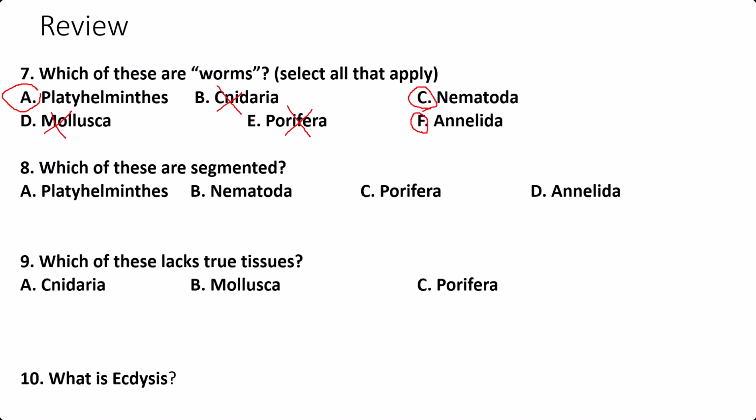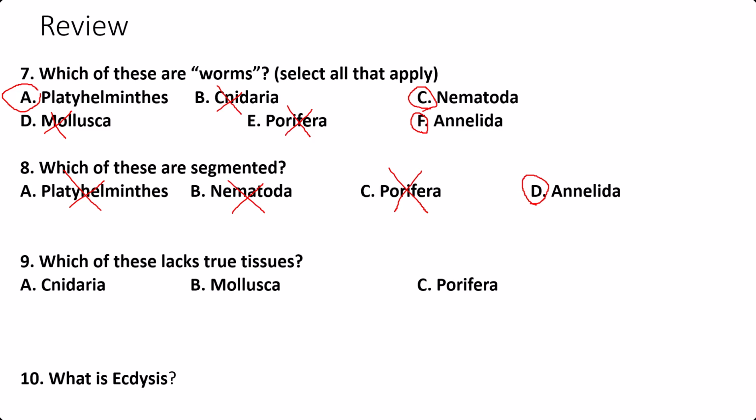Which of these are segmented? Platyhelminthes, that's a flatworm, not segmented. Nematode, roundworm, not segmented. Porifera, sponge, not segmented. Annelid, segmented worm, it is segmented. So 8 is D. Number 9, which of these lacks true tissues?